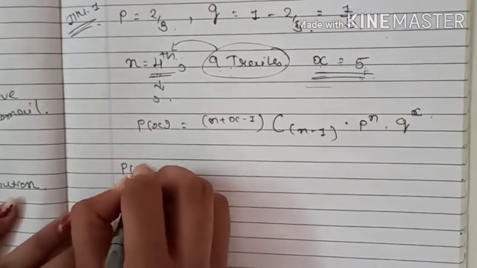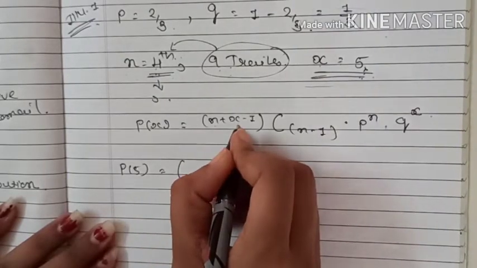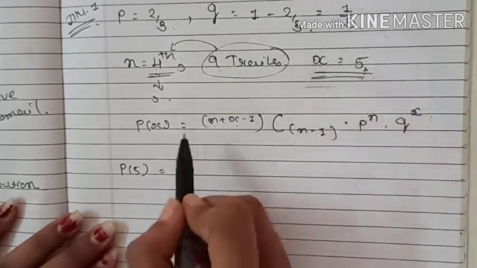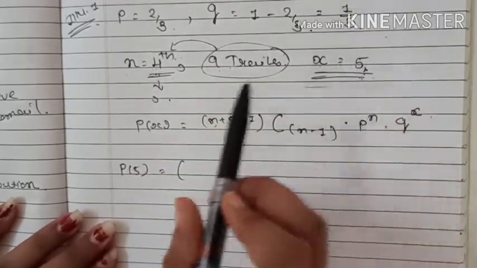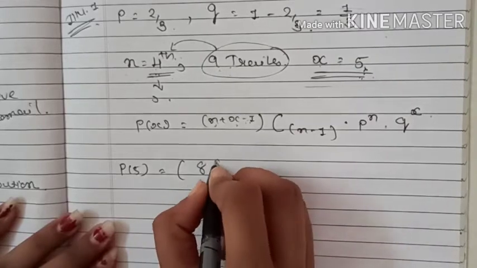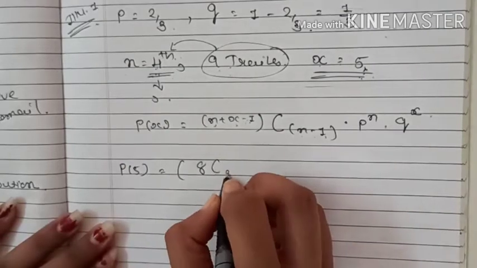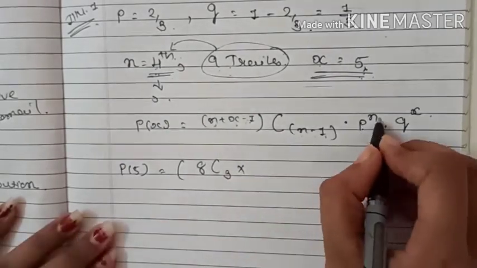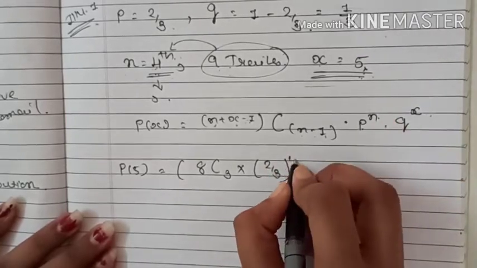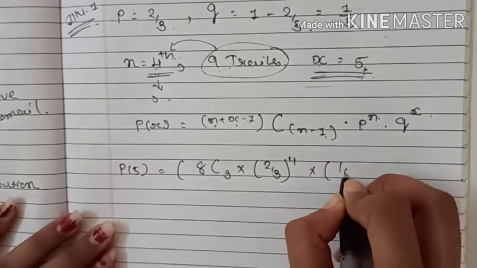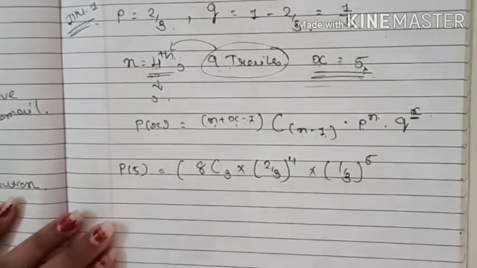P of 5, here x is equal to 5, is equal to n plus x minus 1, so 4 plus 5, 9, 9 minus 1, 8. 8C(n minus 1), n is 4, 4 minus 1, 3, into p^n, what is the p? 2/3, n raised to 4, into q is 1/3, raised to x, x raised to 5.